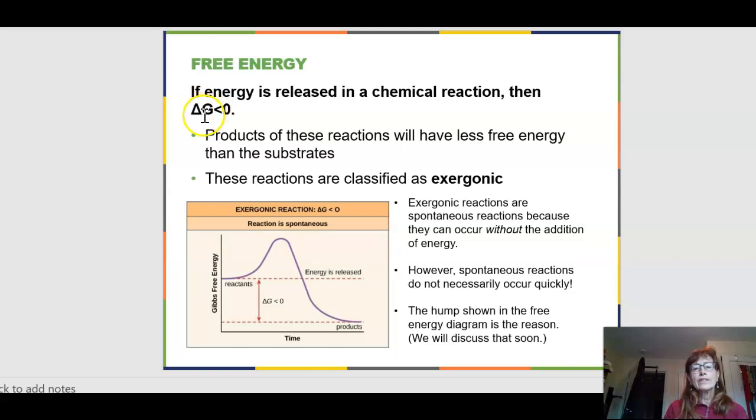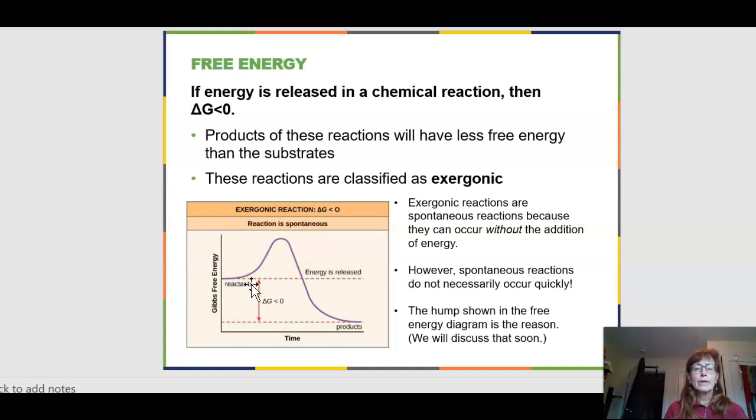And we know that if that delta G value is less than 0, in other words, if when we've done the calculation we end up with a negative number, that tells us that, as you look down here on this graph, if a chemical reaction happens, the products would have less available energy than the reactants.